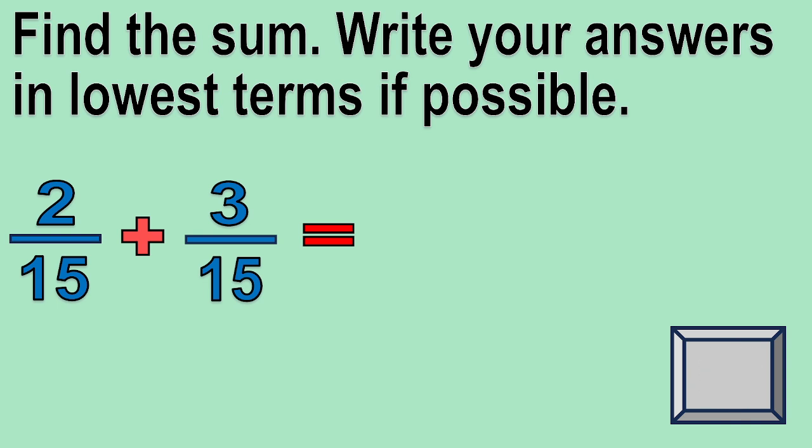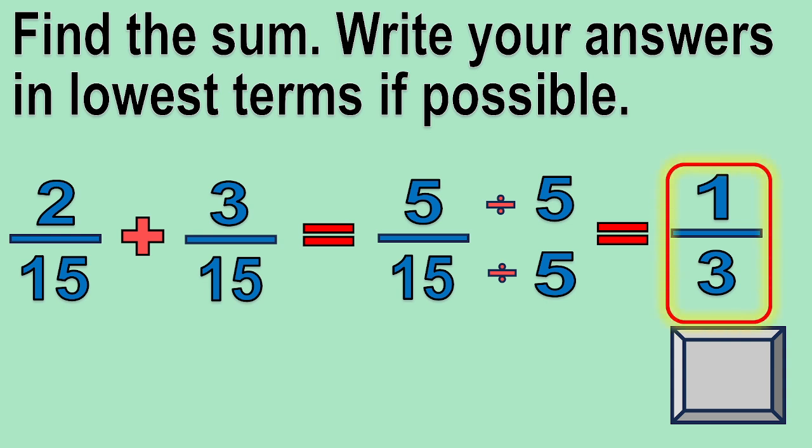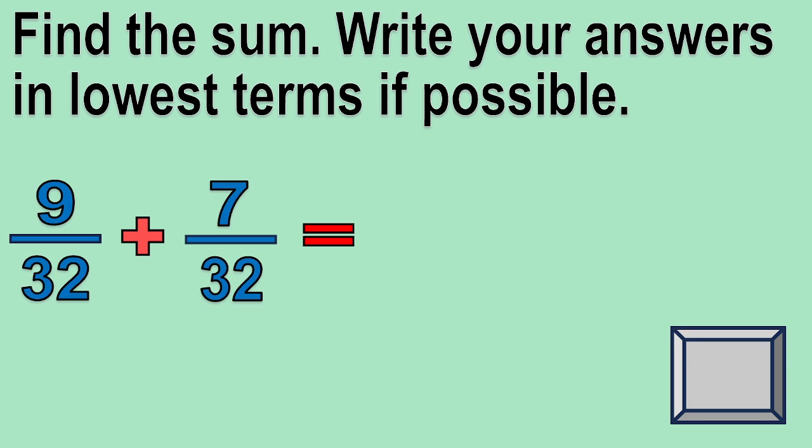Time's up. The answer is 5/15. Let's convert our answer into its lowest term. So the greatest common factor is 5. So 5 divided by 5 equals 1 and 15 divided by 5 equals 3. So the answer is 1/3.